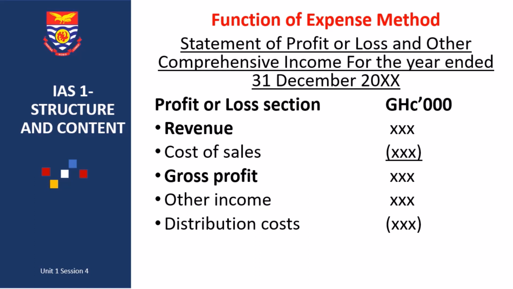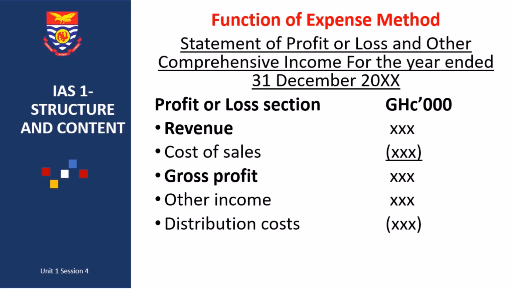Classification of expense by function. Now this is how the format looks. When you take the statement of profit or loss and other comprehensive income for the year, you are classifying the expenses based on function. So we have the revenue, then cost of sales, and then your gross profit, your other income, the distribution cost.